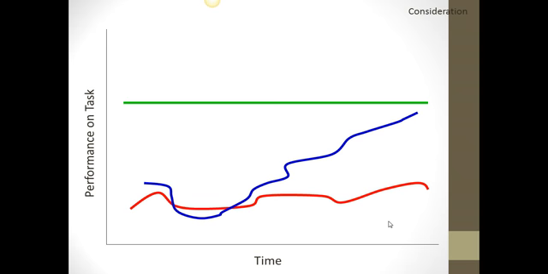Let's take a look at another scenario that happens during consideration. Notice specifically what happens at this point in the scenario. You can see that the performance with and without the assistive technology are basically the same, and in fact the performance with the assistive technology actually dips a little bit. This can happen for a number of different reasons.